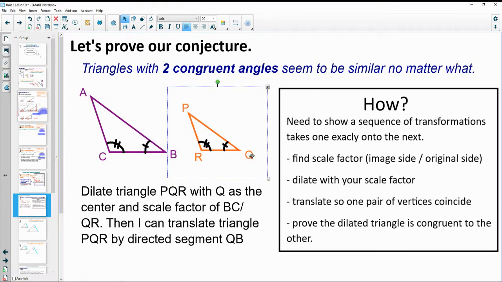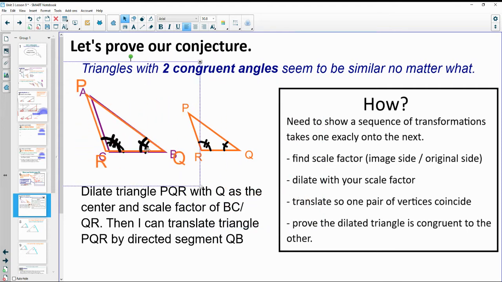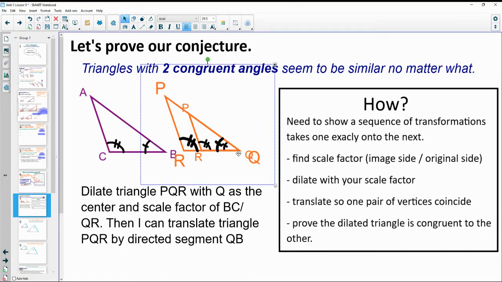Okay, so let me duplicate this. Okay, so I've dilated it to get these two the same. Okay, so that's what I did first, was dilated it.